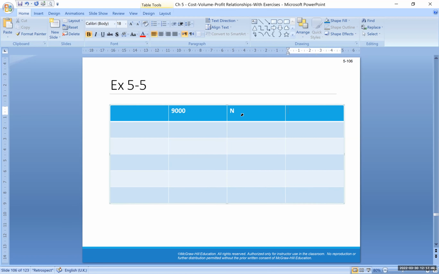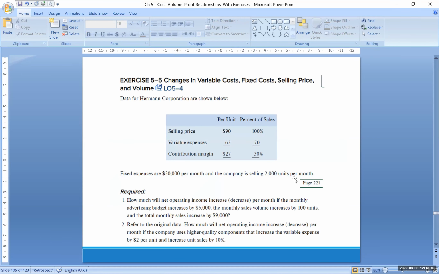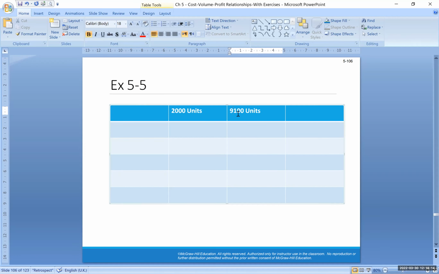Oops. The new situation will be 9,100 units. No. Go back to the question. It is 2,000, is it? Sorry, 2,000 units are currently sold. The new volume will be 2,100. Okay, so sales minus total variable costs equals contribution margin, total fixed costs, and the net operating income.